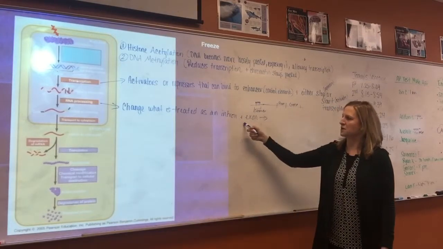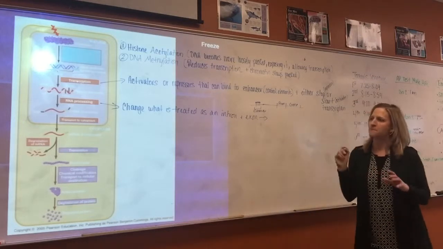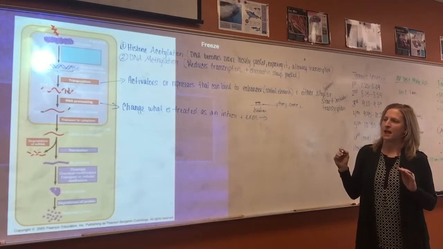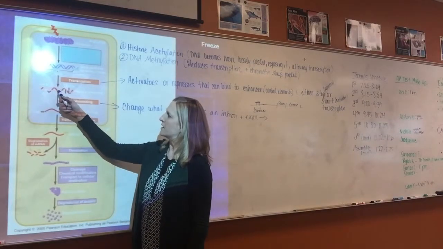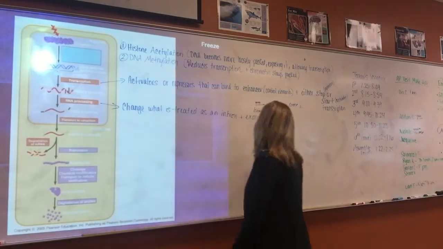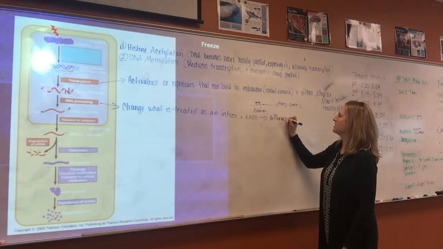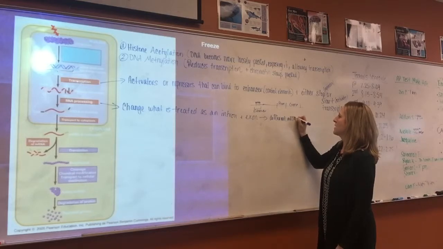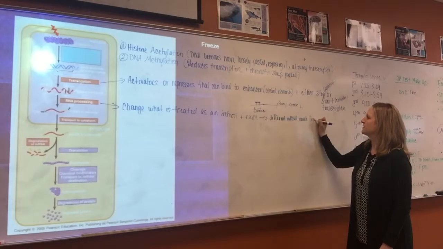So we change what is treated as an intron or an exon. And what that's going to allow us to do is, every time this mRNA gets processed, it can make different final mRNAs. So this leads to different mRNAs made from the same what?